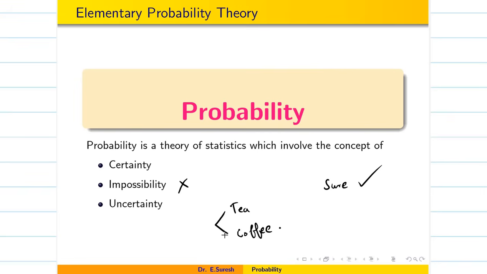We don't know, either I can take a tea or I can take a coffee. So it is an uncertainty. We are going to predict either this or that. Maybe sometimes I don't take coffee also. So now you understand probability is a concept which involves certainty, impossibility and uncertainty.